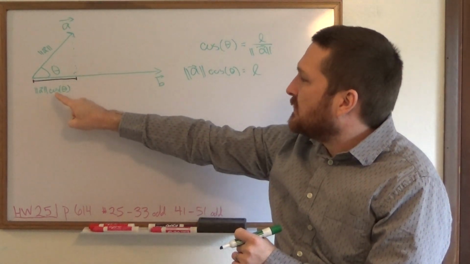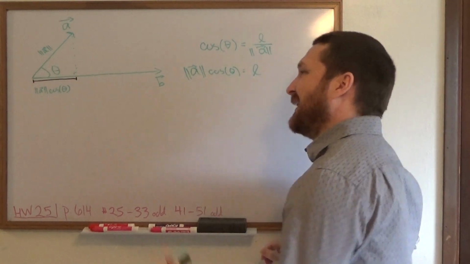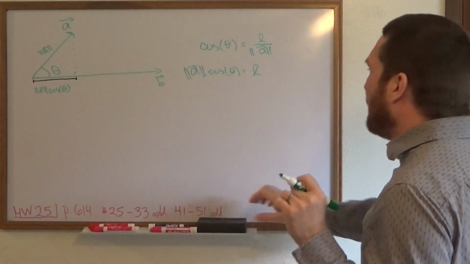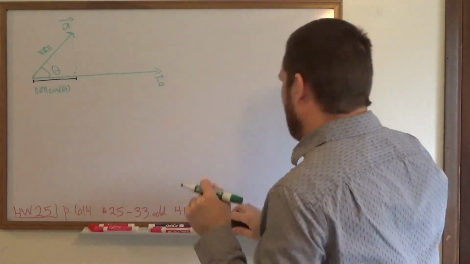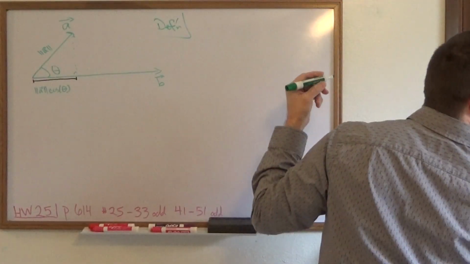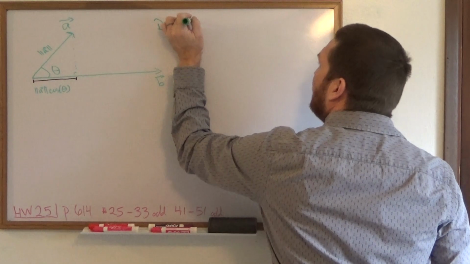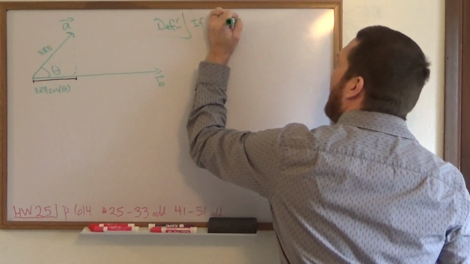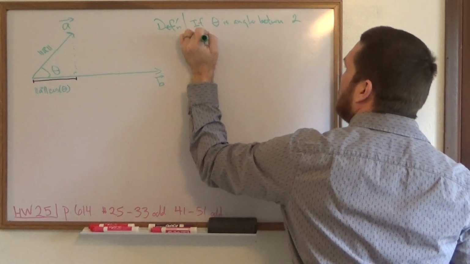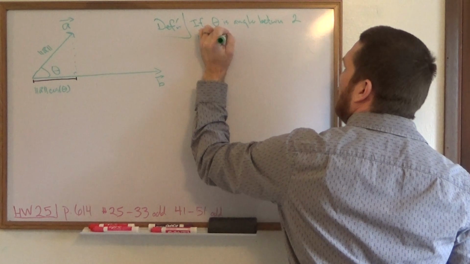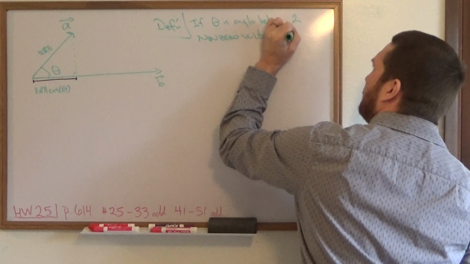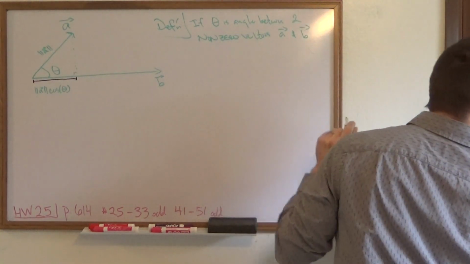This has a special name, a special symbol. Okay, so I'm going to write the definition. If theta is the angle between two non-zero vectors, that's important, non-zero vectors, say A and B. Okay, so that's set up right there.